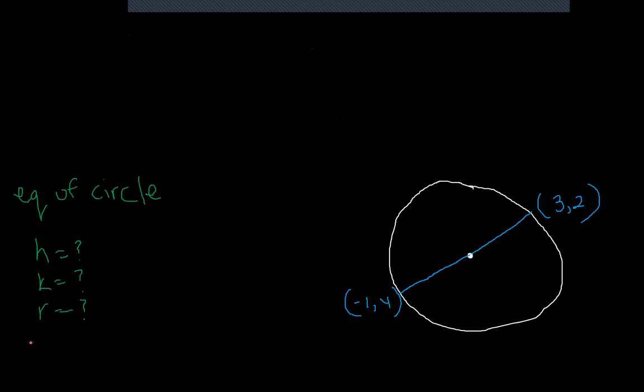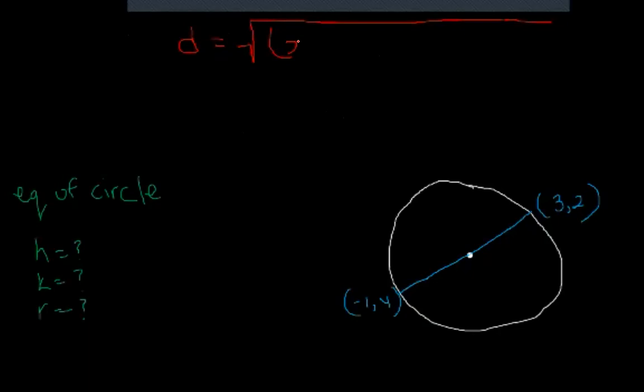So what you need to do, recall this formula from the very beginning of this topic. We said d, the distance between 2 points, is equal to the square root of x2 minus x1 squared plus y2 minus y1 squared.